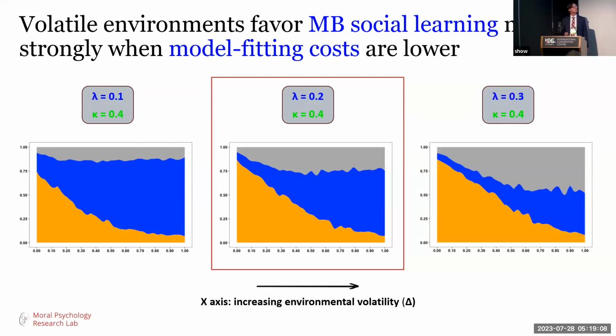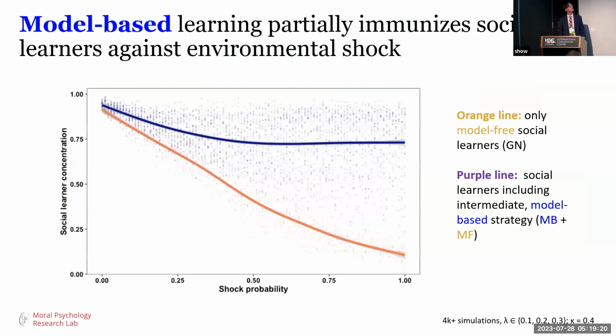If I make it harder to be a model-based agent, then the proportion of agents in the long run who are model-free goes down as volatility increases, and they instead shift to being individual learners rather than model-based agents. So that's some results about the trade-offs between model-free and model-based agents in this setup.